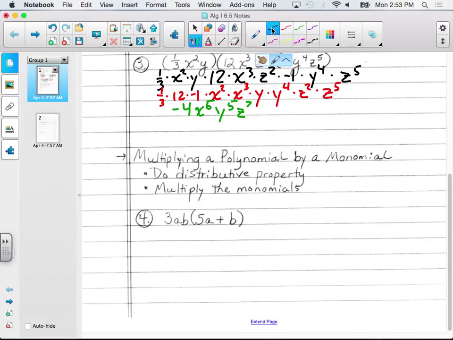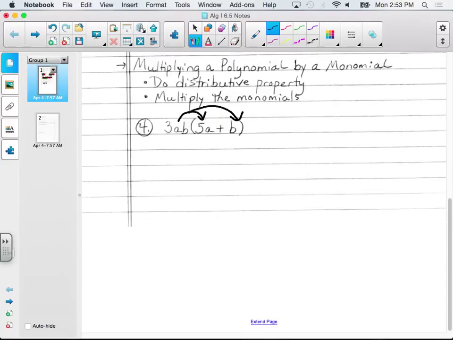So everyone remembers the distributive property? When we use it, we take whatever's outside and distribute it to each term inside our parentheses. So, first thing, 3AB times 5A. Then we have that plus sign, we distribute 3AB to the second term.